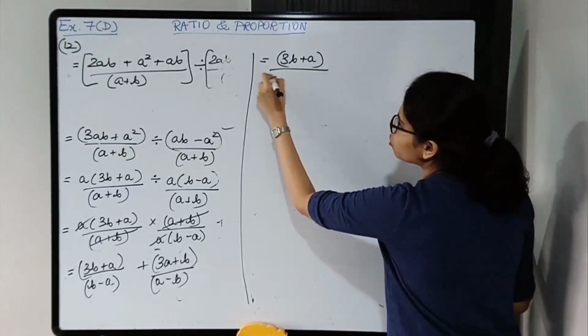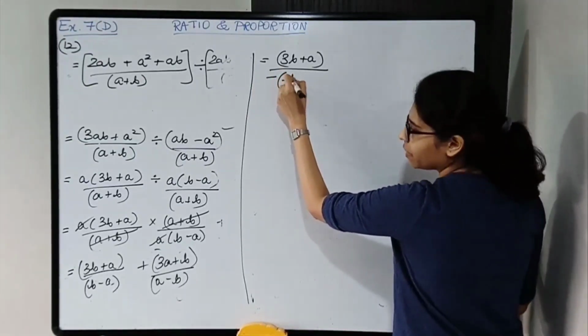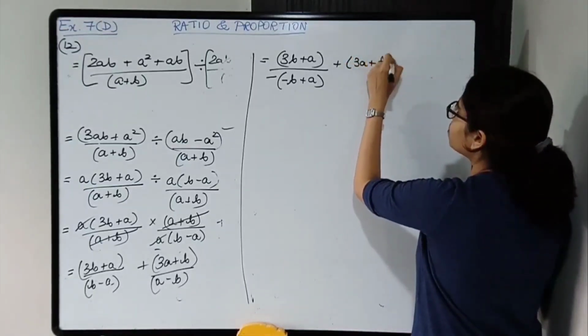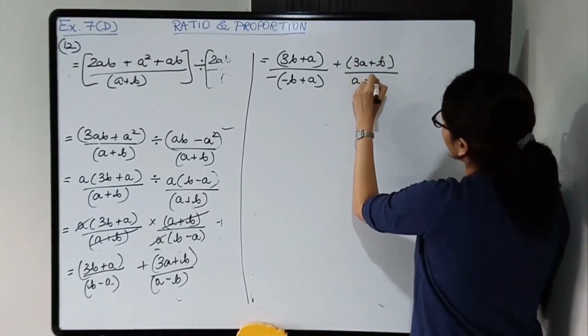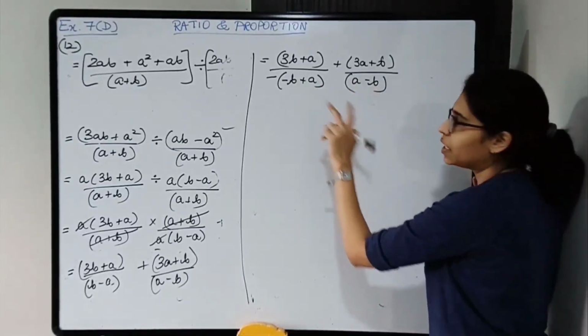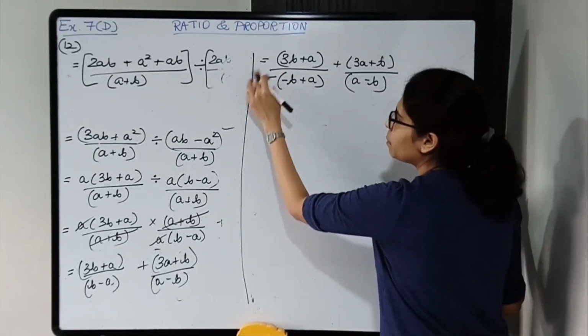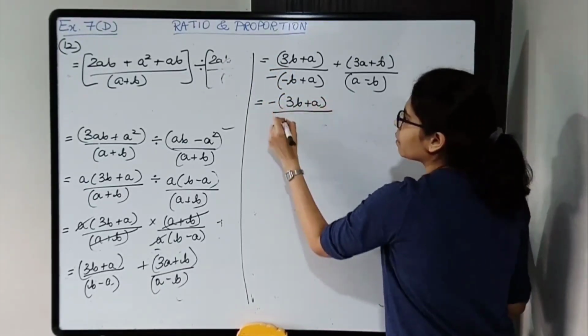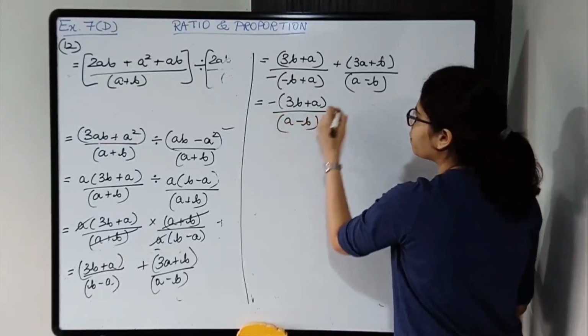So b will become negative and a will become positive, and this term remains as it is. Now we have a positive, b negative, b negative. Let's rearrange the terms. And here the minus will go in the numerator. We never keep it in the denominator. So this becomes a minus b.